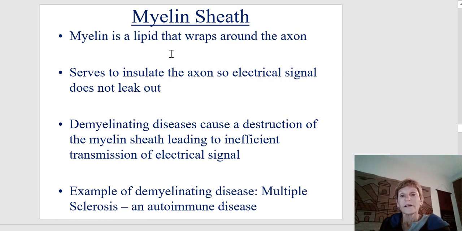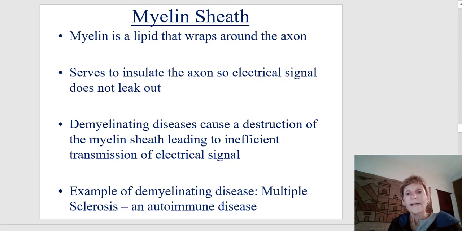Those conditions are called demyelinating diseases. They cause a destruction of that lipid insulation, the myelin, and it leads to inefficient transmission of that electrical signal. Sometimes the electrical signal just stops, okay, because you can't get that rapid movement of those ions because there's no insulation there.